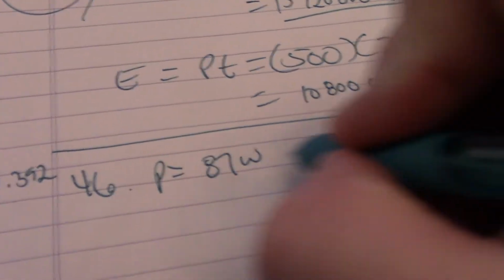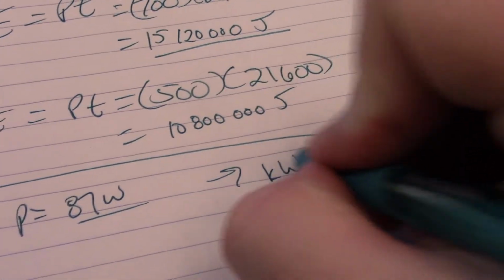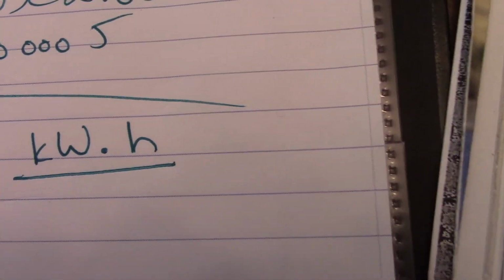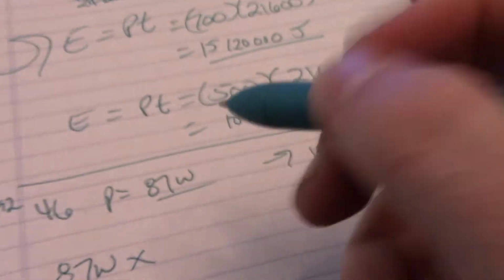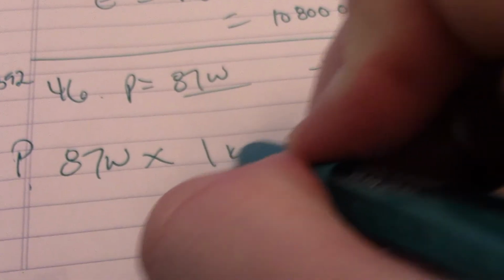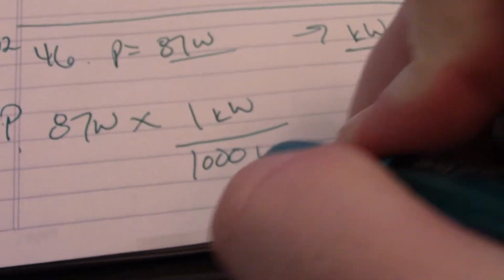All right, so first thing we need to do is turn watts into kilowatt hours. So I have 87 watts, and this is my total power, like on a power bill. 1 kilowatt is equivalent to 1,000 watts, so I can do that conversion and cancel the watts out.